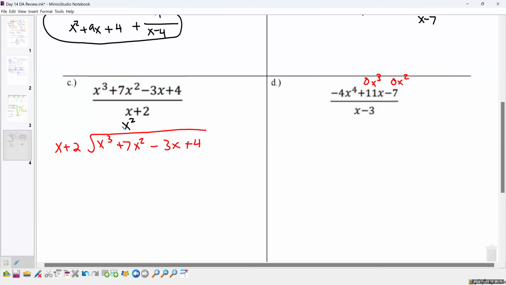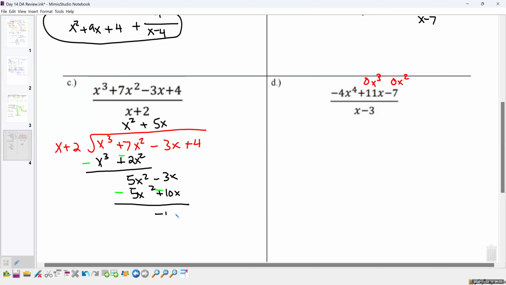So now we've got x squared. And because x cubed divided by x is x squared, multiply back. I'm going to go this one. I'm going to talk all the way through it. X squared, subtract. Just double check my arithmetic.